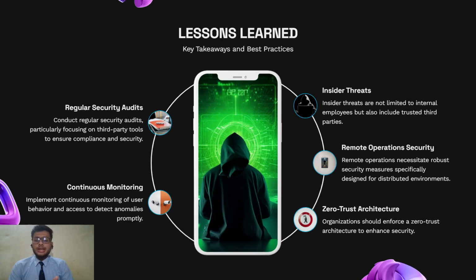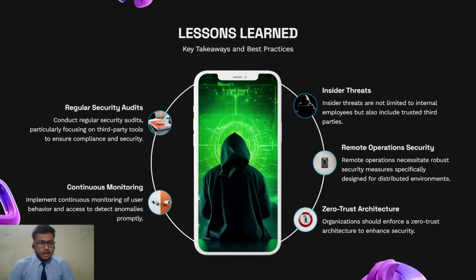Then zero trust architecture. This suggests that we should not blindly trust anyone, any employee or any third party. And next is continuous monitoring. We have learned that the company should be in a continuous monitoring stage of their employees as well as whatever organization they are in a business relation with.